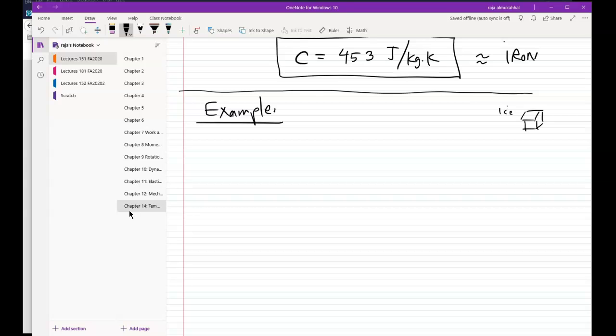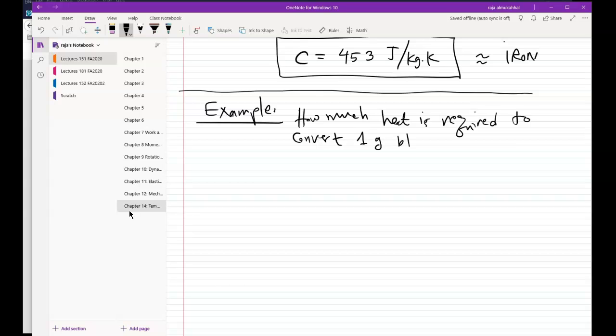Okay, so let me write down the statement of the problem. It says how much heat is required to convert 1 gram, just 1 gram block of ice at negative 30 degrees Celsius, not 0, sorry, negative 30 degrees Celsius to steam at 120 degrees Celsius.